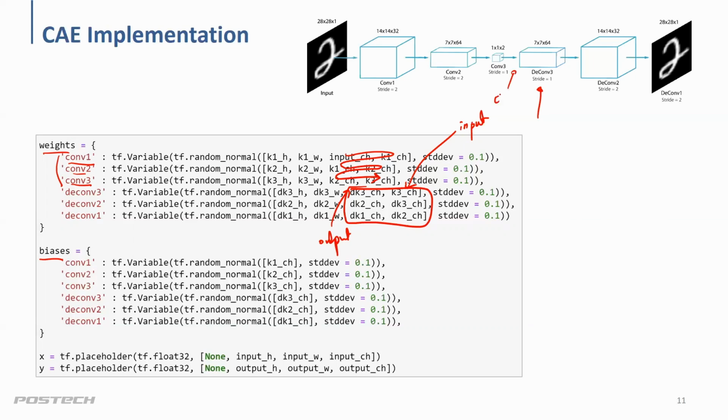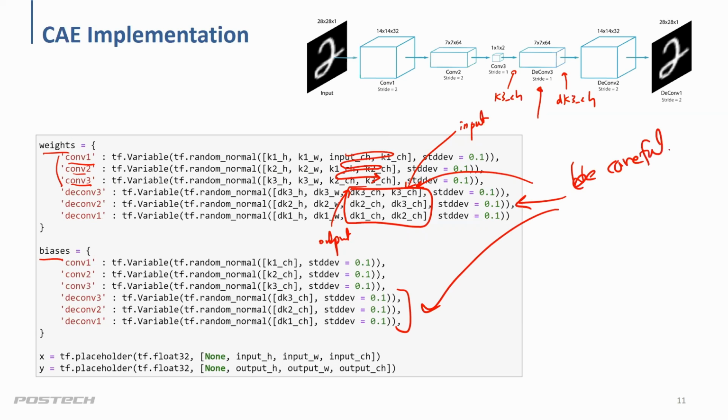Over there it's convolution 3, but when you plug it in, you have to swap it. Make sure this part and this part are swapped. Be careful. I found that students made a lot of mistakes on that.